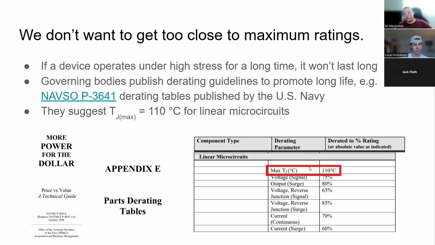And in industry, a lot of times we will try to design towards these derating guidelines and make sure that we aren't overstressing the devices and that they're lasting a decent amount of time.